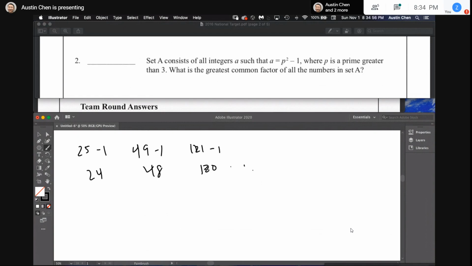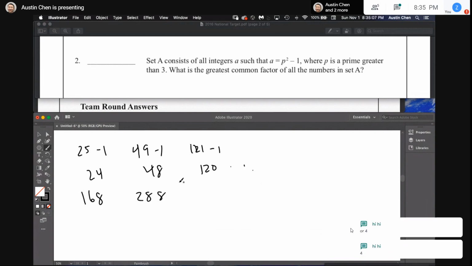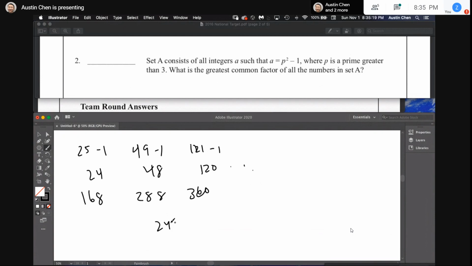On 13, it's going to be 168. On 17, it's going to be 288, and on 19, it's going to be 360. If you divide all of these, you can see that 24 divides into all of them.